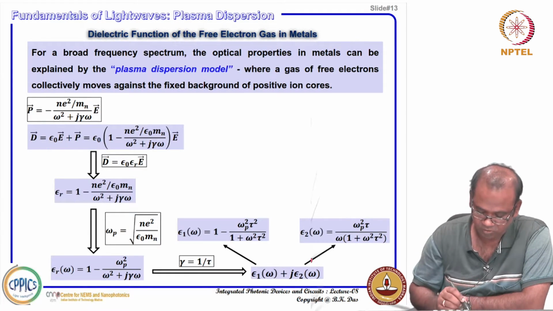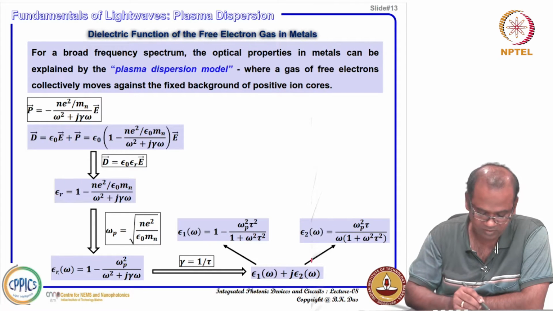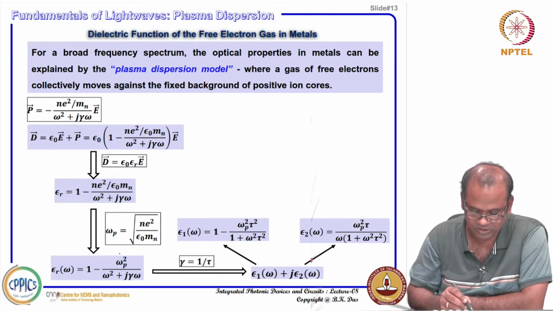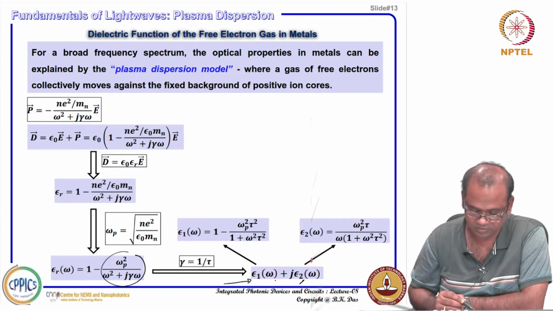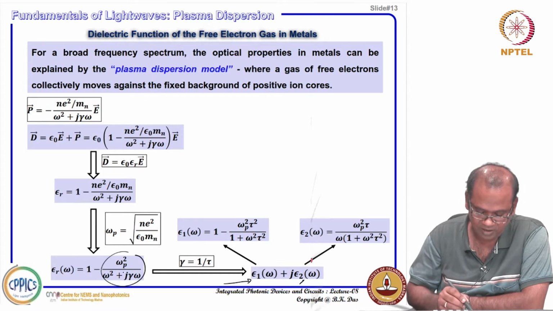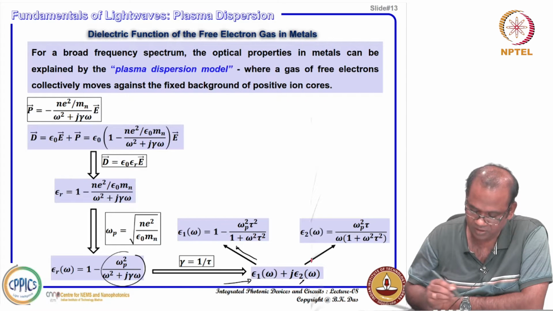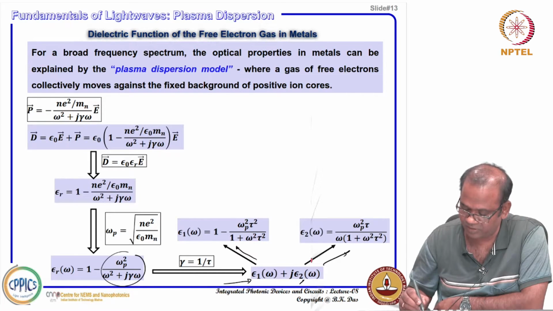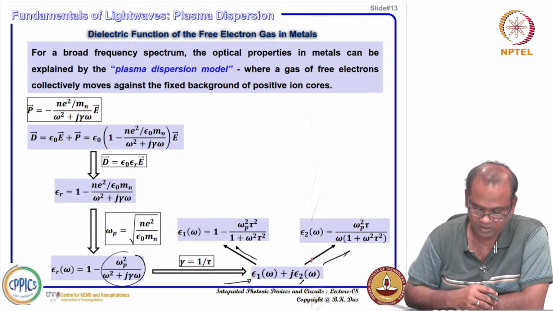Now, we know that gamma equals 1 over tau, as we mentioned in earlier discussion, right, and this is epsilon r, and you see this is complex. So we can decompose it into real part and imaginary part, okay. With a little bit of maths, one step of algebra, you can find the real part and the imaginary part, epsilon 2, in terms of omega p and tau.